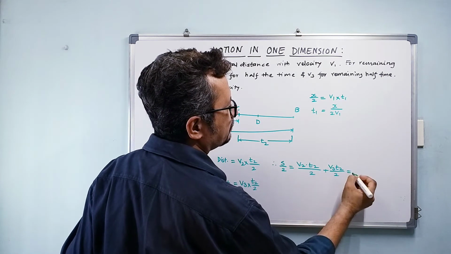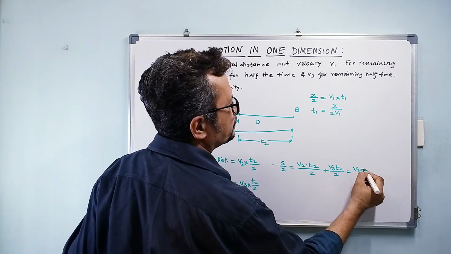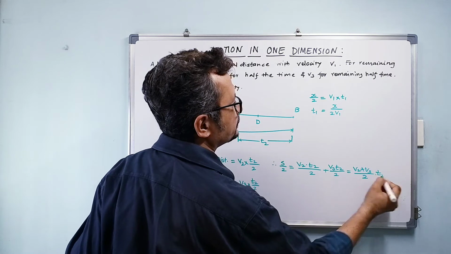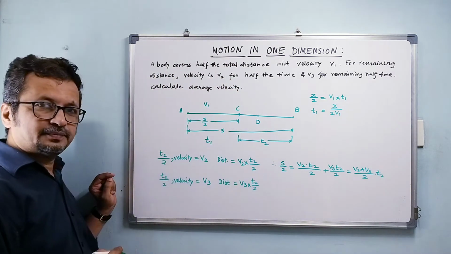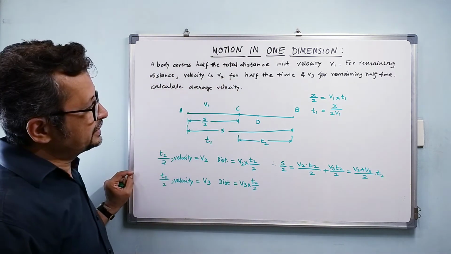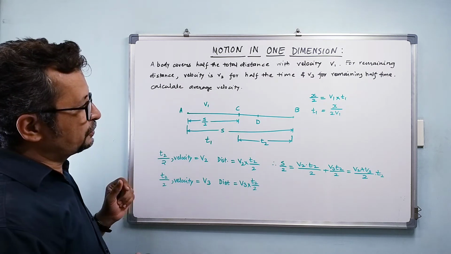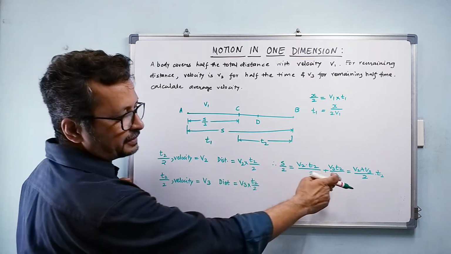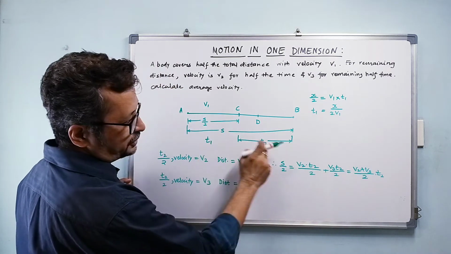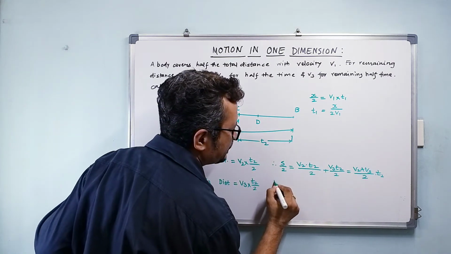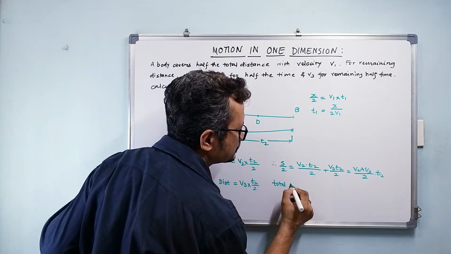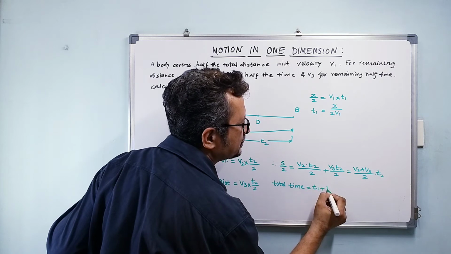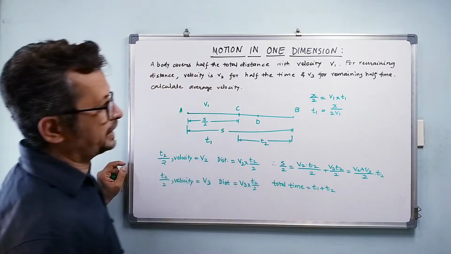So that would be equal to v2 plus v3 upon 2 into t2, correct? Alright, now what is the total time? Total time is equal to t1 plus t2. Correct.